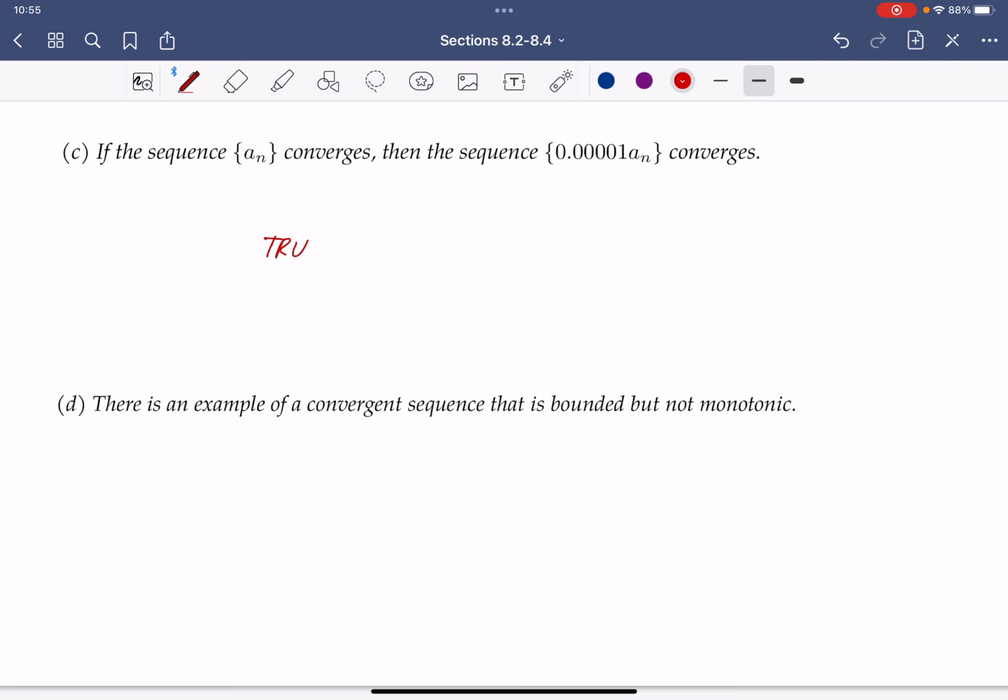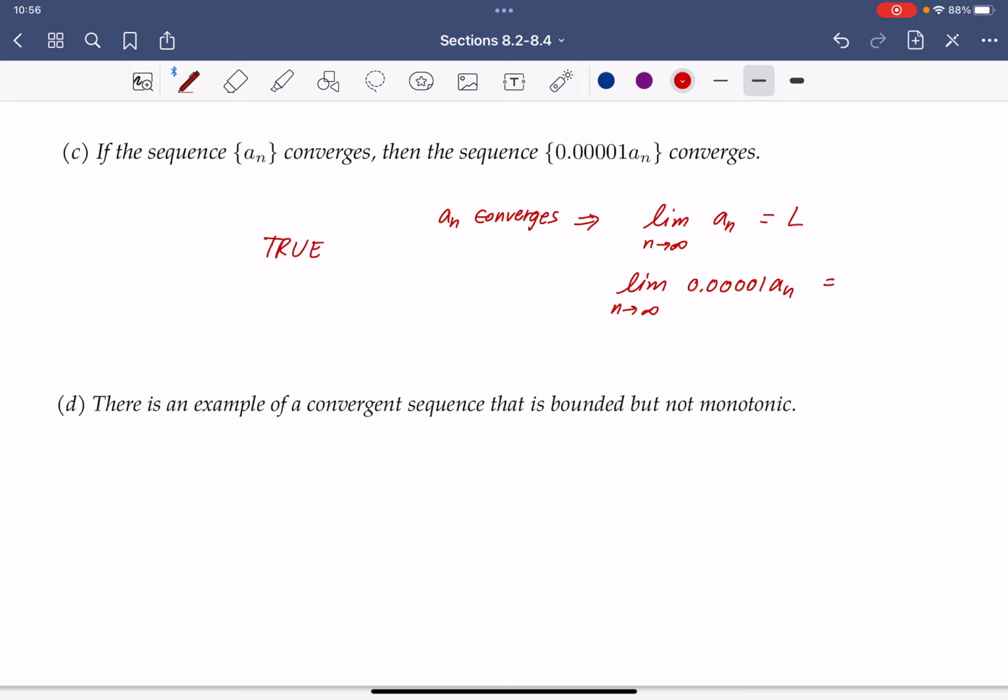Because if you know that the sequence a_n is convergent, it means that you already know the limit of a_n is going to be some number L. What if you take the limit of 0.00001 a_n? It should be the same, right?